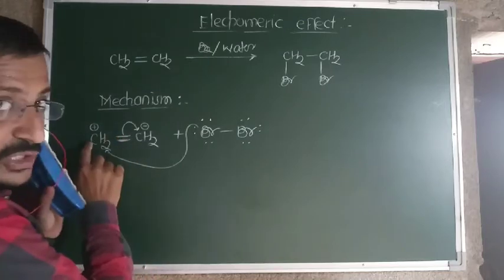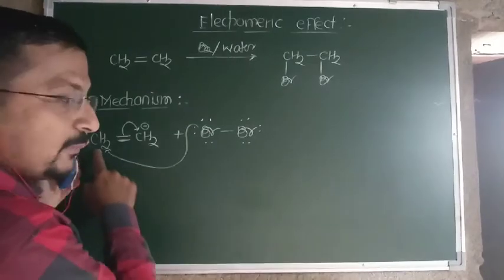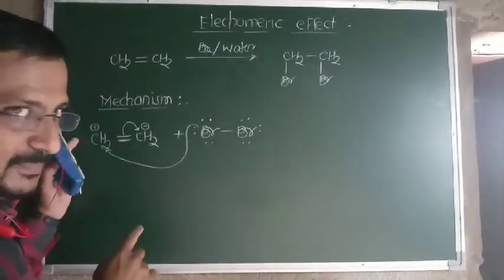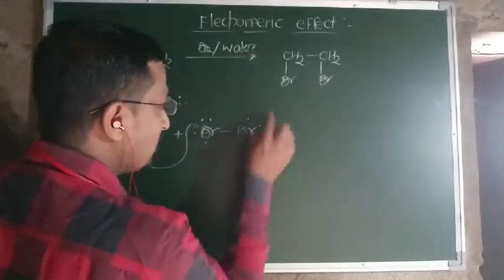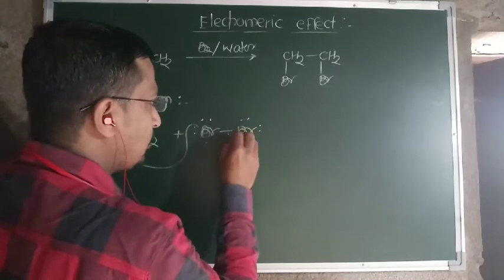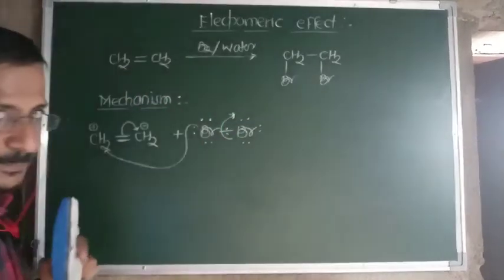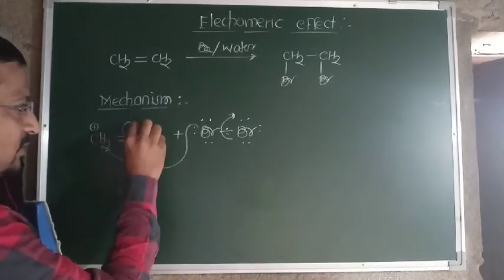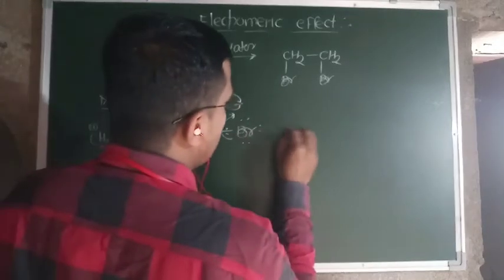When the bromine-carbon bond is forming, the other bromine atom from the bromine molecule leaves as a bromide ion with its electron pair, and the negative charge on carbon forms a bond with this bromine atom.